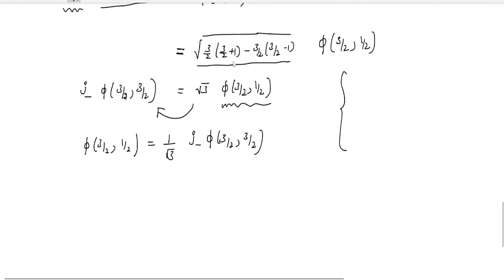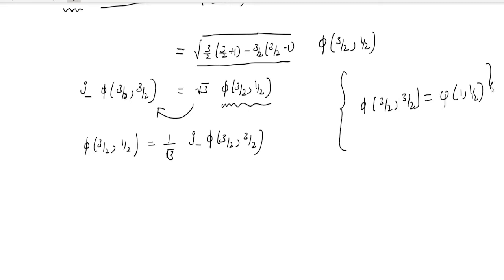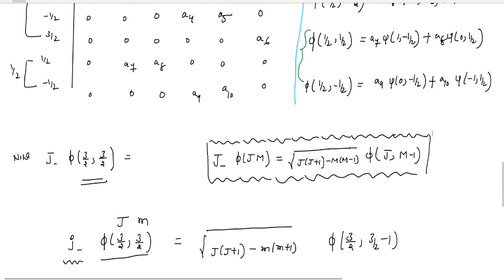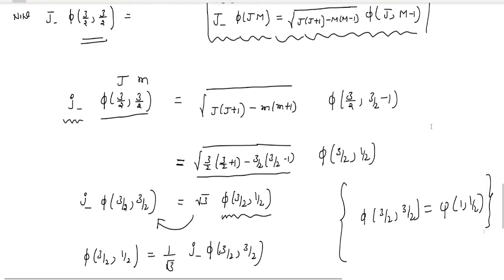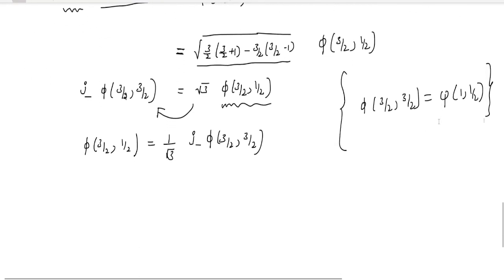We already know one important relation: wave function psi 3 divided by 2 comma 3 divided by 2 equal to psi 1 comma 1 divided by 2, right? See here, equation number 1. So here A1 is equal to 1, right?